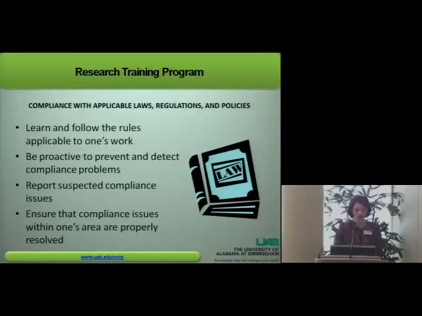Members are required to learn and follow the rules applicable to their work. They are intended to be proactive to prevent and detect compliance problems, and to see compliance as an ongoing day-to-day responsibility.